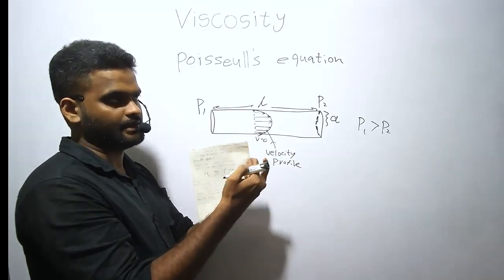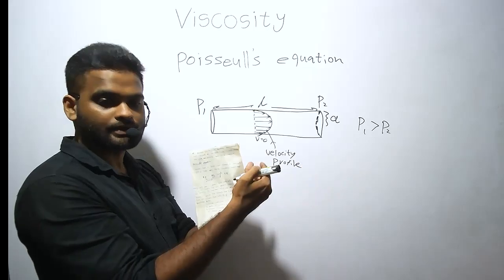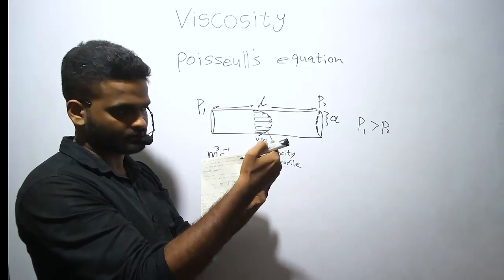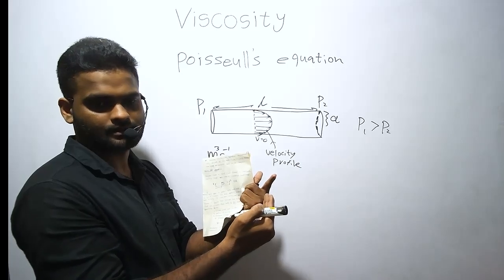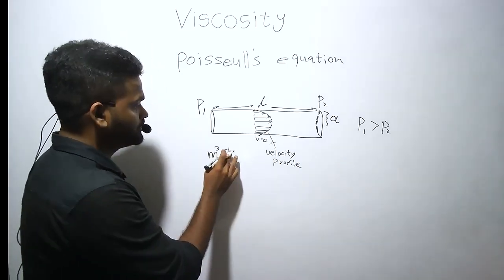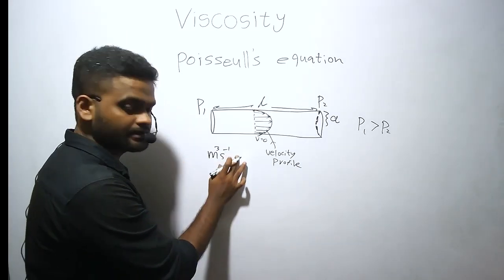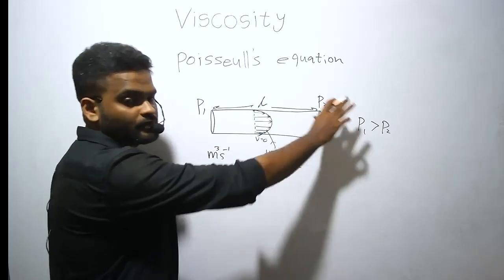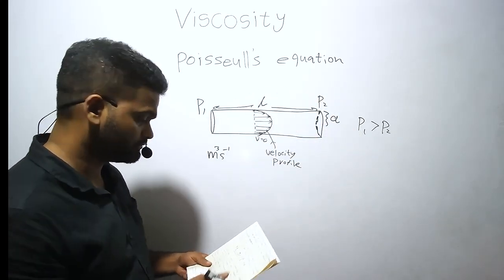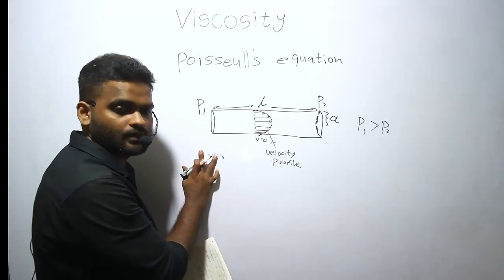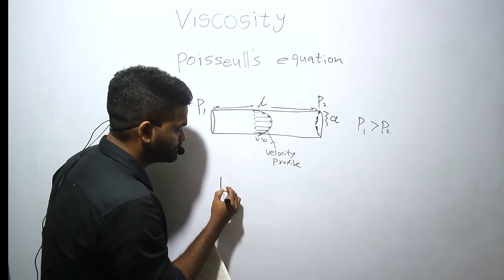Let's say 5 liters flows within a second, so the flow rate is 5 liters per second. We are going to get an equation to find the volume flow rate through this tube. Poiseuille has found these properties.